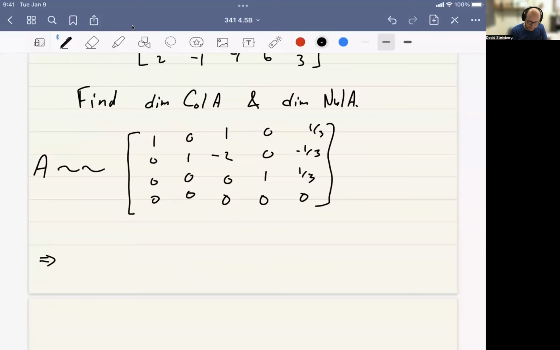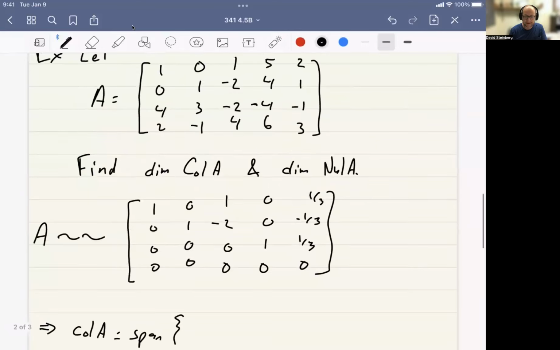Okay, so we can immediately get that the column space of A is the span of which vectors. The easy mistake to make would be to say it's the pivot columns of the row reduced matrix, but no, it's the pivot columns of A. So columns 1, 2, and 3 are the pivot columns of our row reduced matrix.